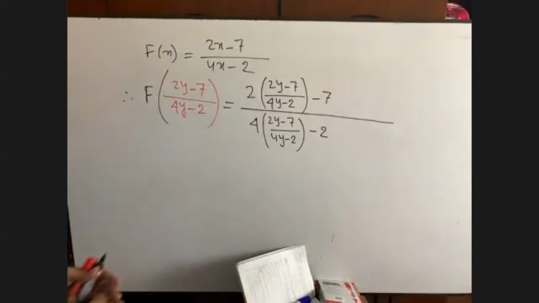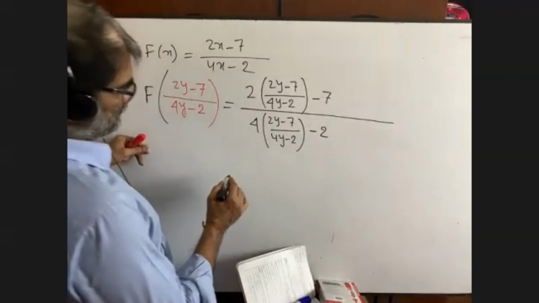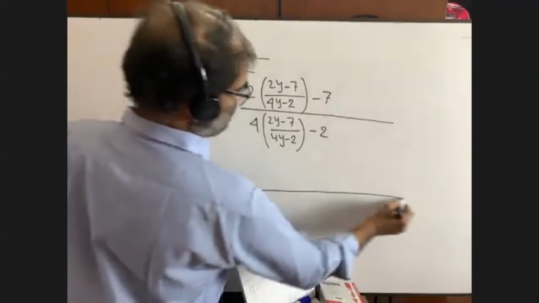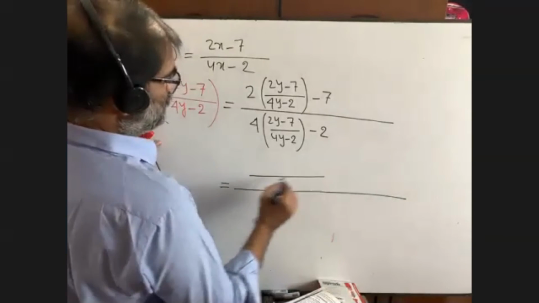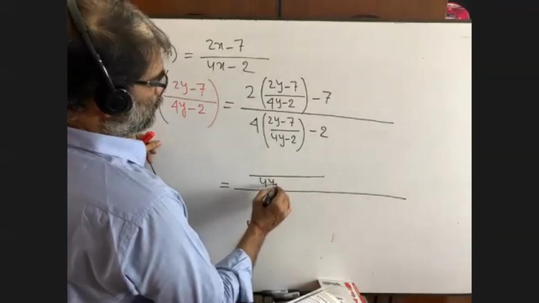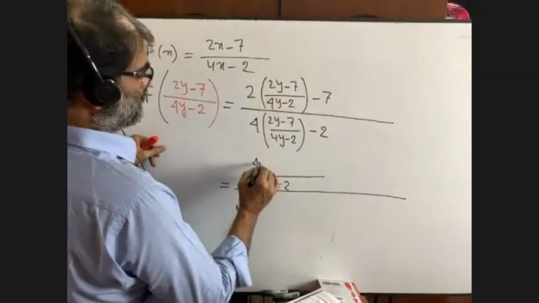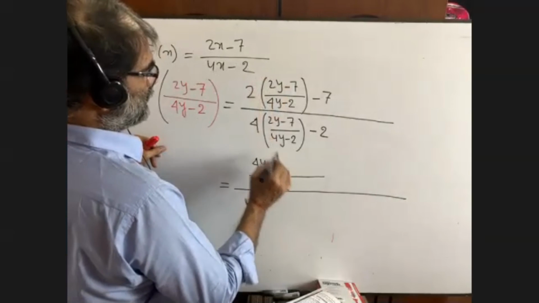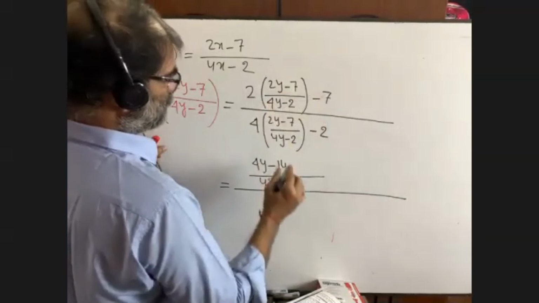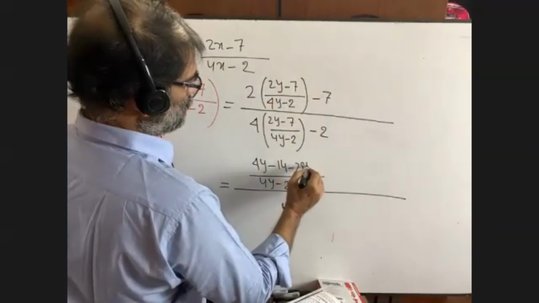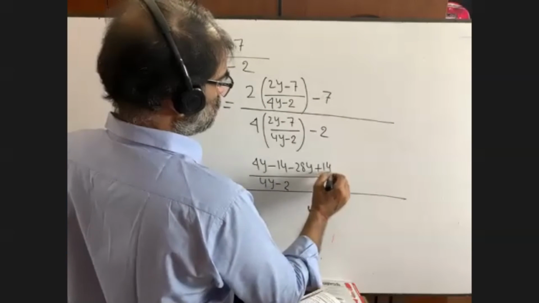Can you calculate? This is 4y minus 2, 2 into 2, 4y minus 2 7s are 14, minus 7 4s are 28y, minus minus plus 14.